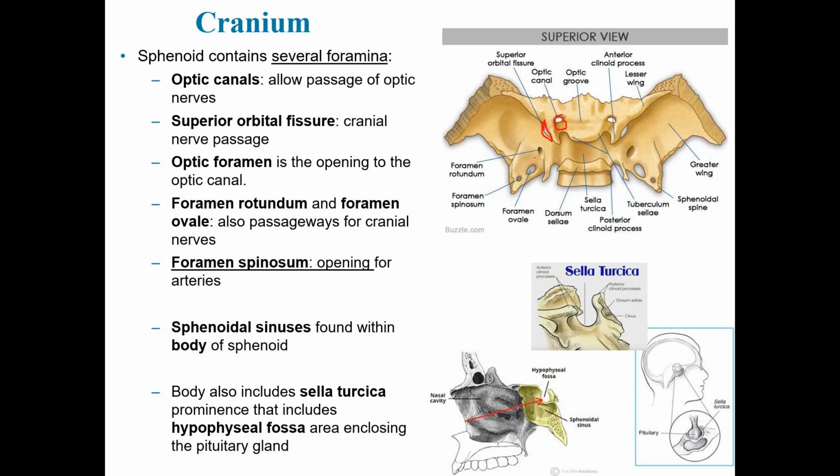Then there are the foramen rotundum and the foramen ovale. Rotundum means more like round-shaped, ovale is oval-shaped. So again, these are all passages for cranial nerves. And then the foramen spinosum is actually an opening specifically for arteries.